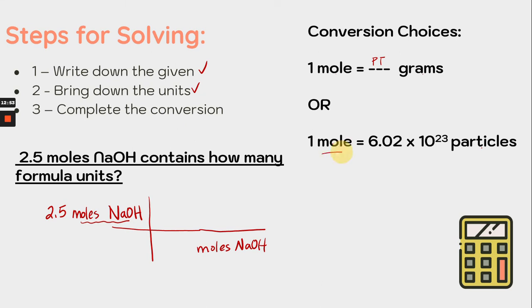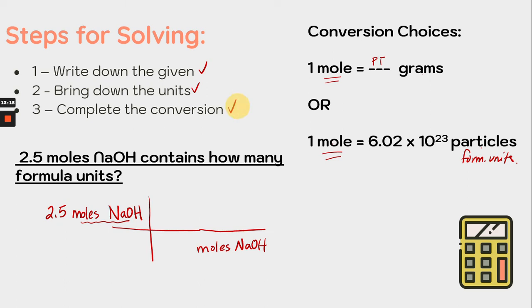These both have moles in them, which means I can use either one, whichever I want. Literally ask yourself, do I want grams? The answer is no, I don't want grams. So maybe this is not what I'm using. Do I want particles, as in this case, formula units? And the answer is yes, I do. So I'm going to use this one.